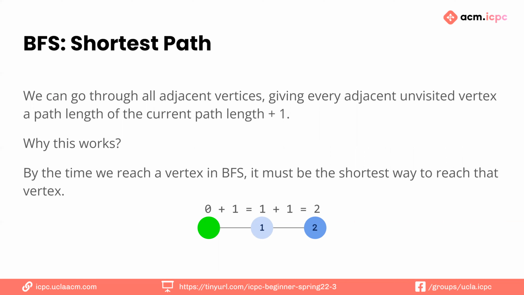Because every time we reach a vertex in BFS, there's no shorter way to reach that vertex. Otherwise, it would be the neighbor of a vertex that's closer to the starting point, which, because of the first in, first out order of queues, would have been popped out of the queue earlier. I hope that explanation made sense.